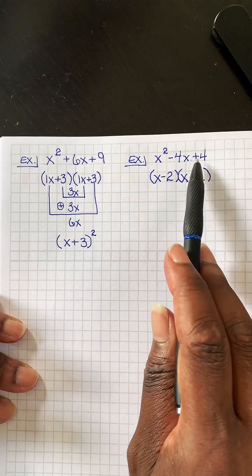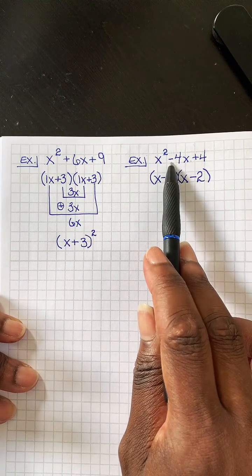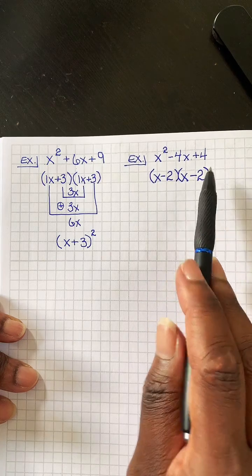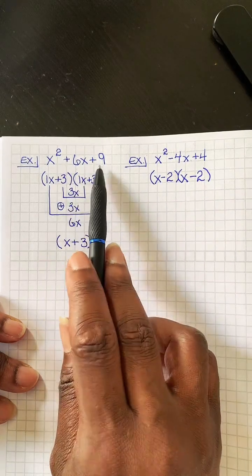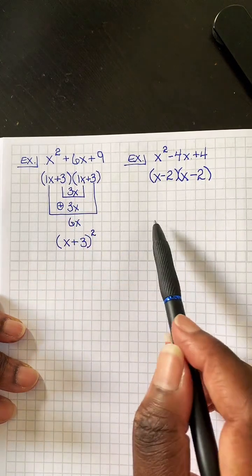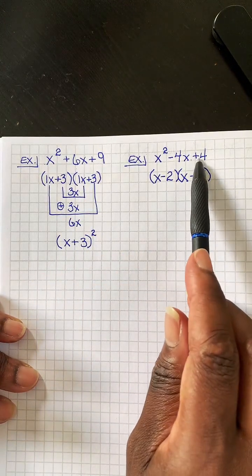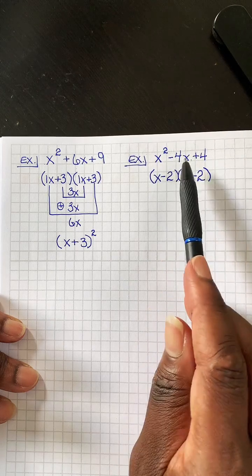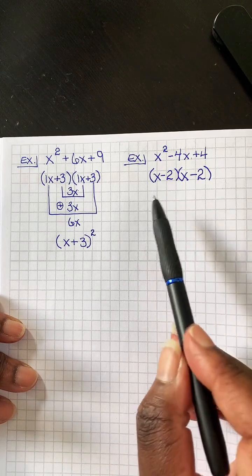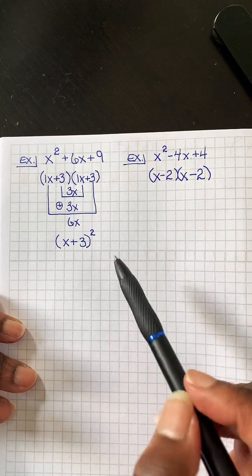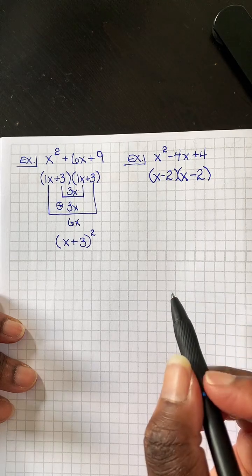So if that end one is positive and the center is negative, both of them are going to be negative. If both of them are positive, that means both of your parentheses are going to be positive. Now, if they flip the script and say this was negative and this was positive, and you're factoring, that means one of them is going to be positive and the other one's going to be negative.